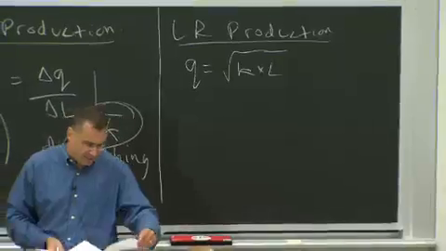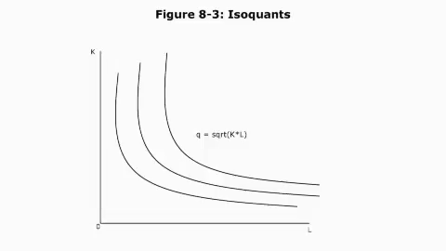Now let's go to figure 8.3, okay? And what we see here is if you're trading off K and L and deciding to produce, then you get what's called isoquants. Isoquants are the parallel to indifference curves. Once again, this is all the same mechanics.